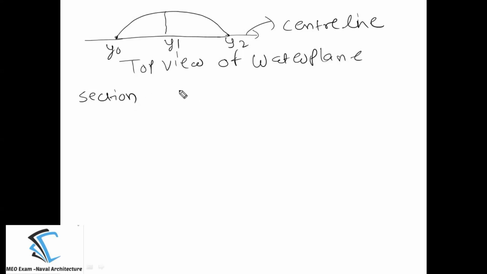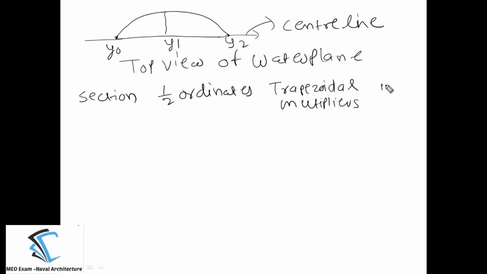So I will write as a section, then half ordinates, and then we can say trapezoidal multipliers, and then function of area, provided this ordinate should be linear dimension.